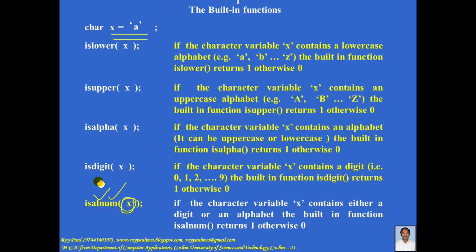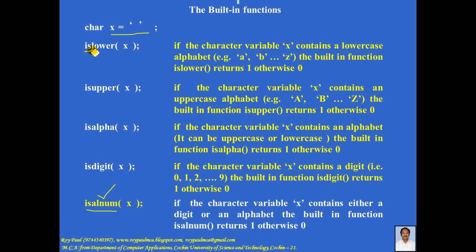Suppose x contains small a, the function returns 1 because small a is an alphabet. Suppose x contains 0, the function returns 1 because 0 is a digit. Suppose x contains @, the function returns 0 as the answer because @ is neither an alphabet nor a digit. And finally, suppose x contains space, the function returns 0 as the answer.